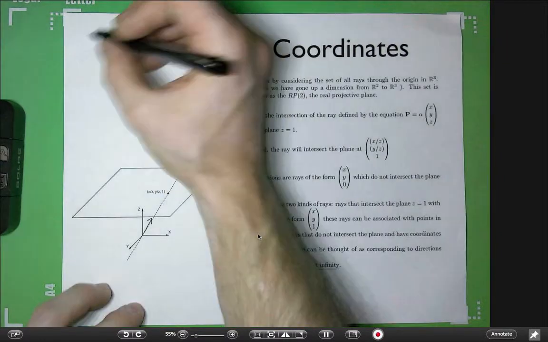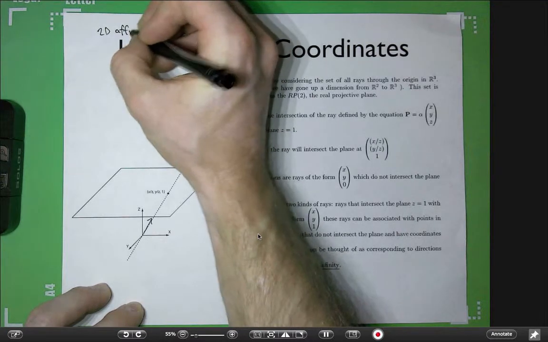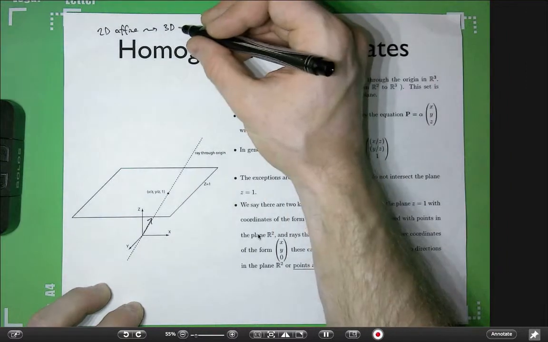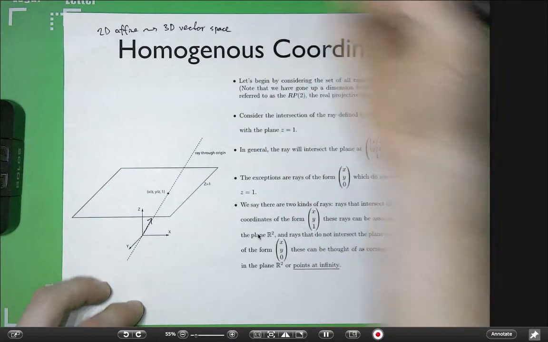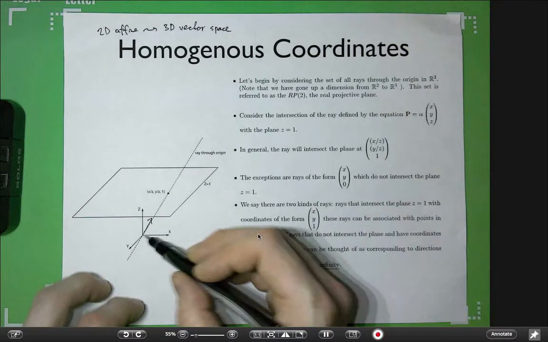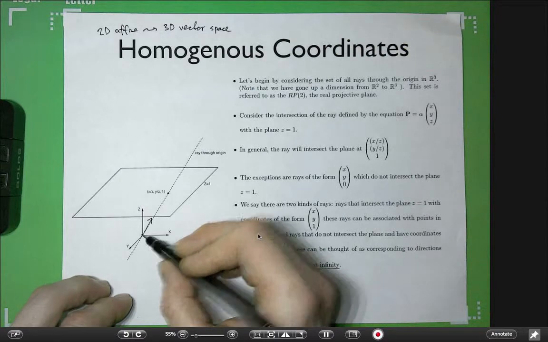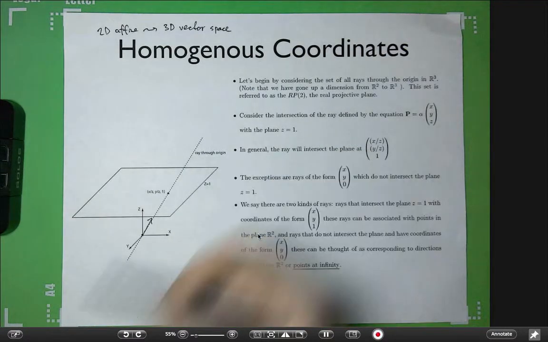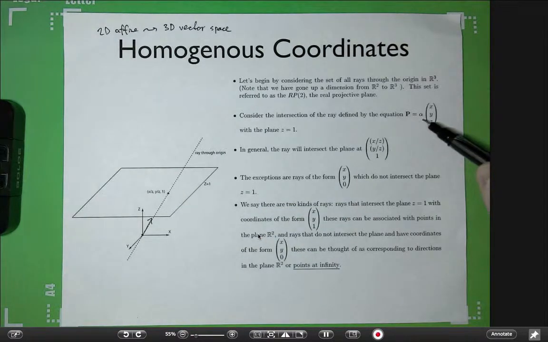So the 2D affine space is being represented in the 3D vector space. This vector x, y, z is a standard vector in the 3D space, starting at the origin. And the vector represents the direction of my ray. If I march along the ray, that corresponds to increasing alpha, right?